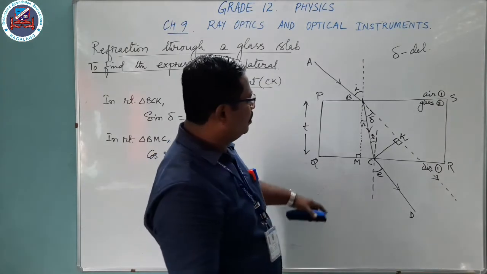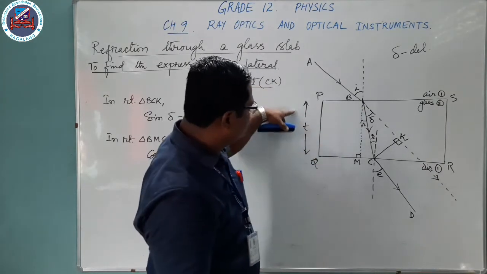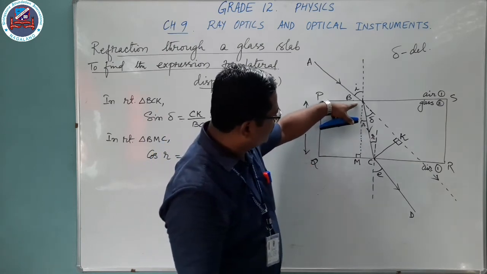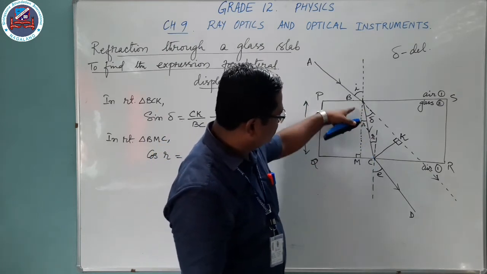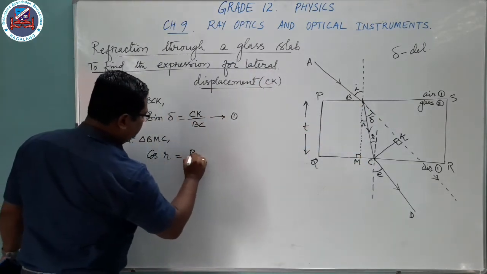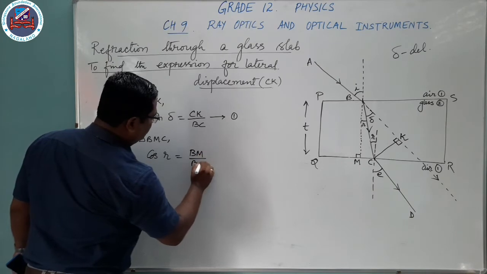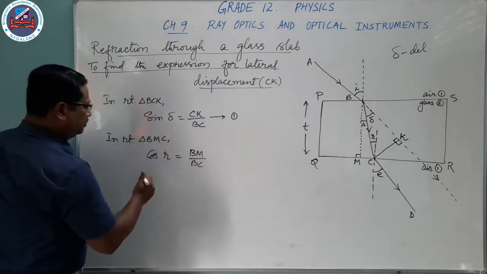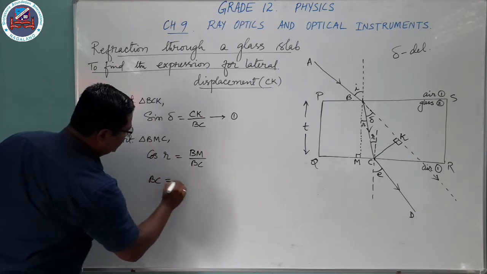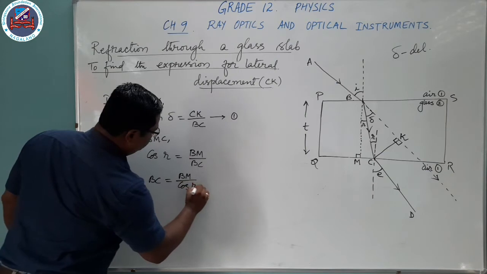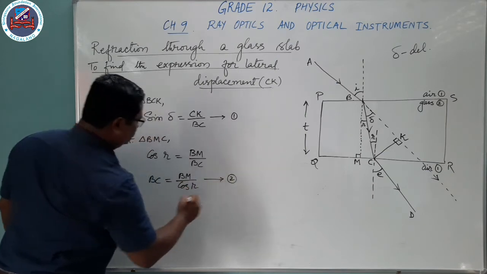So I'll take cos, because BM I know. This is the thickness of the glass slab. That's why I'm doing cos. It is base by hypotenuse, BM by BC. From here you can find out BC and put it in equation number 1. BC is equal to BM by cos R, and mark this equation number 2.